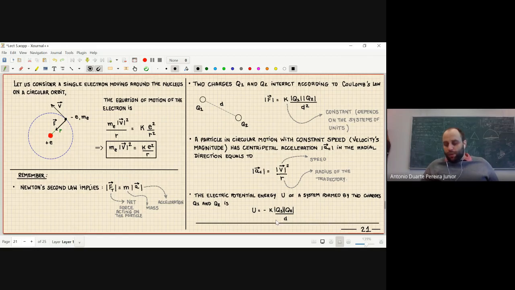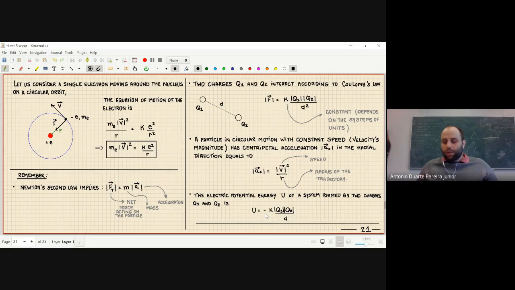And a final comment, because I will use that soon. If you have a system composed of two charges, then the system stores some amount of potential energy, in this case, electric energy. And if you want to compute the value of this electric energy, you just use this expression.